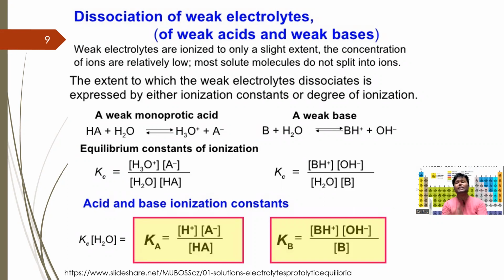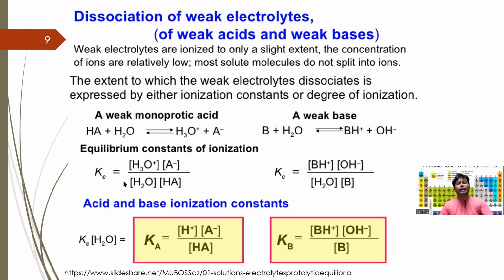So what fraction or portion of the weak acid or base is dissociating or ionizing can be expressed using these types of formulas.